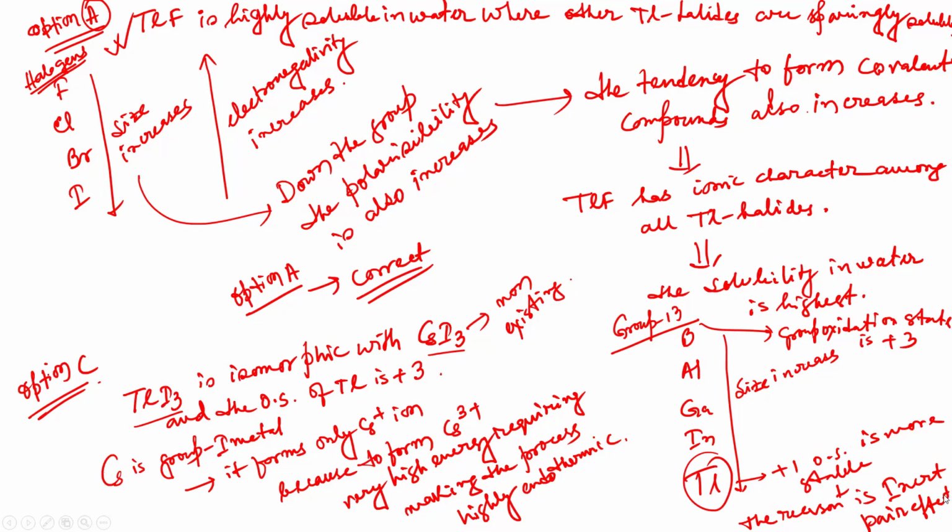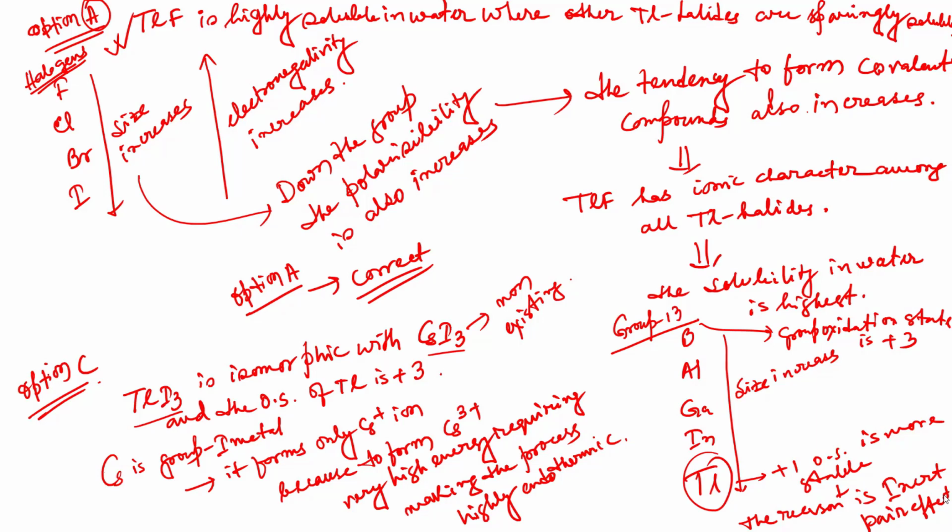Thallium has electrons in the 6s2 orbital. Because of the low shielding of inner d and f orbitals, the 6s orbital is penetrated inside towards the nucleus. Thus, to knock out that 6s2 electron from thallium is very difficult. Thus, thallium most of the time forms the thallium plus ion.